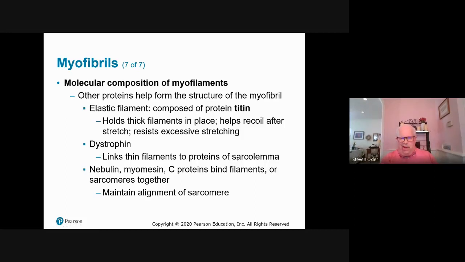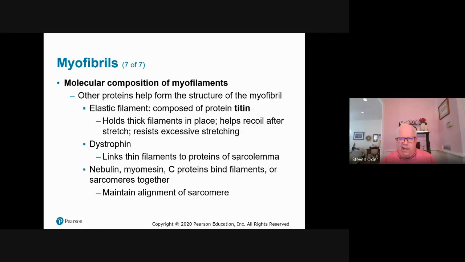There are other proteins. You see them here, but you don't have to know them. I want you to know 6 proteins: actin and myosin, structural proteins; troponin and tropomyosin, regulatory proteins; titin, the elastic protein, which helps the muscle recoil after stretching and resist excessive stretching; and dystrophin.